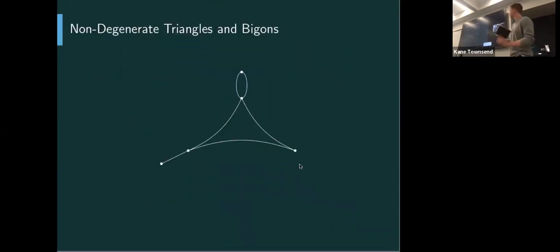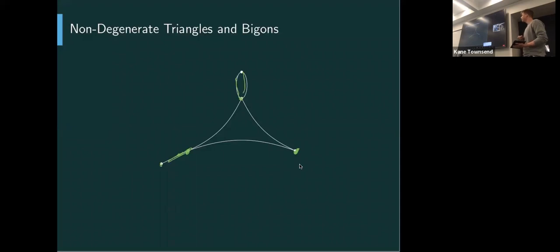Just to be clear, I've got this definition of non-degenerate triangles. A non-degenerate triangle is something that will look like this triangle inscribed by these vertices, and not something with these extra parts where they're joined together, or branching off bigons or something like that.